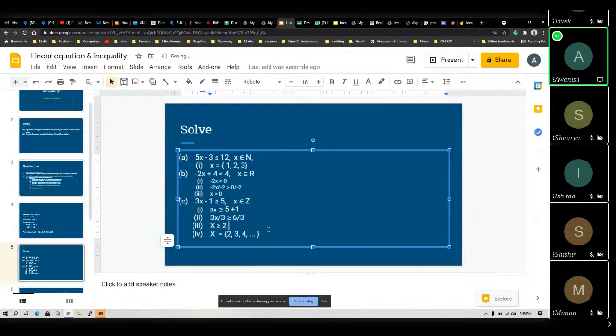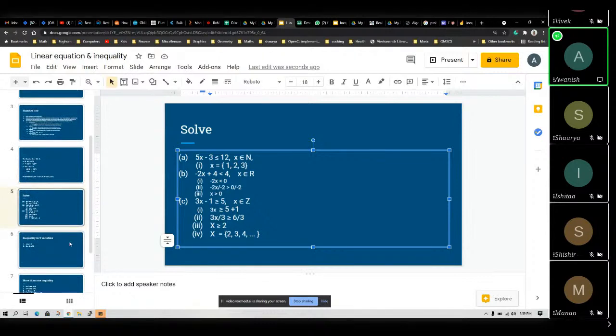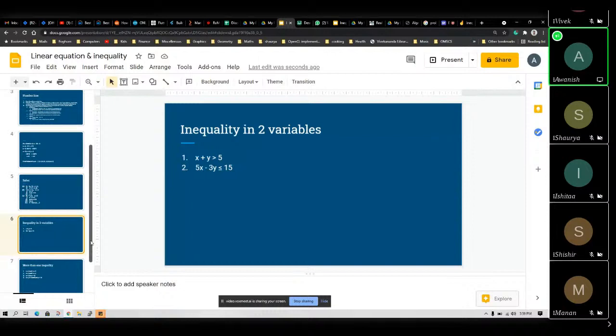Okay. So that was the inequality on a number line when we have only one variable. How about when we get two variables? Can we solve this?